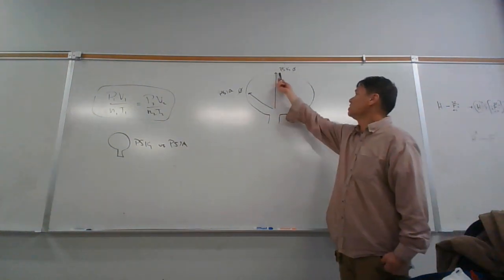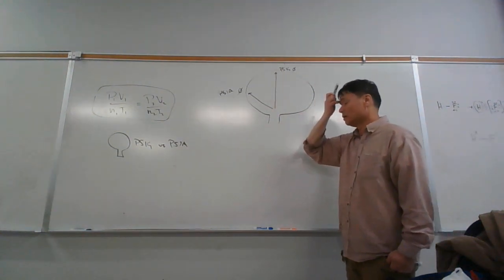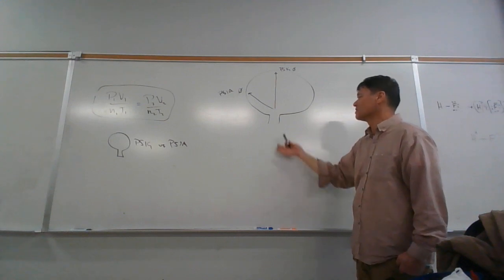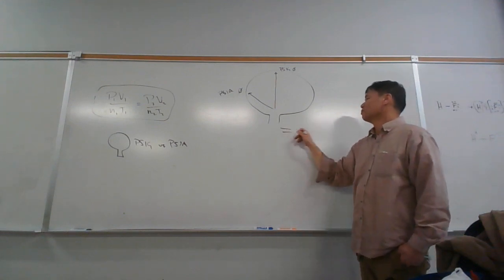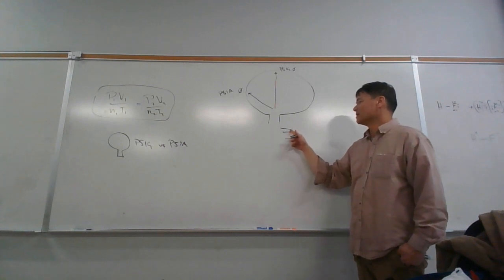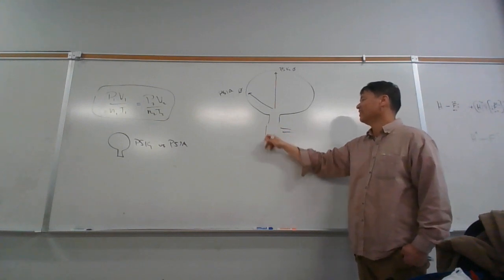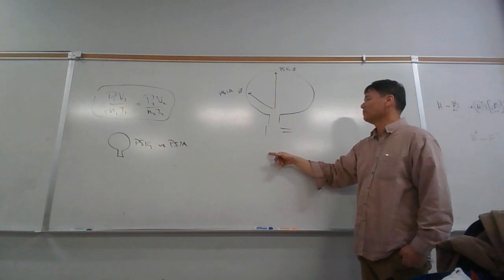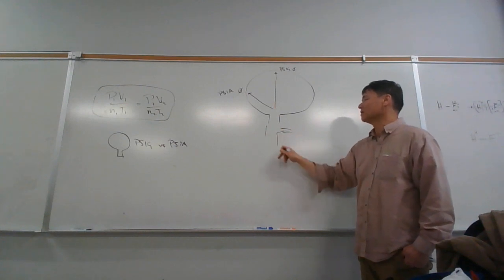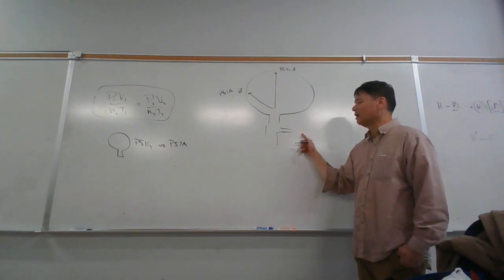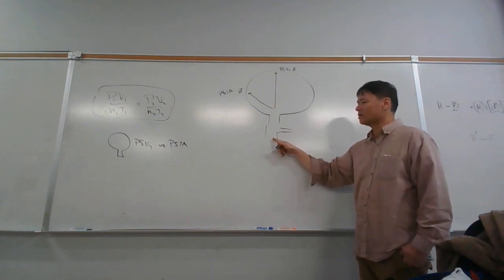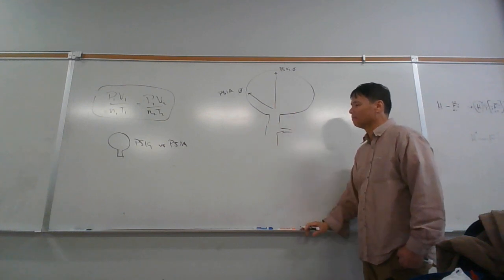PSIG is a relative scale. When the tank goes empty, it's the same as atmospheric. If atmospheric pressure is 1 atmosphere, 14.7 psi, then when the tank gets to 14.7 psi, they're equal and opposite. You have 14.7 psi pushing out and 14.7 psi pushing in, so you're going to have a tie. We need an overpressure in here. That's why you keep the 5 psi.